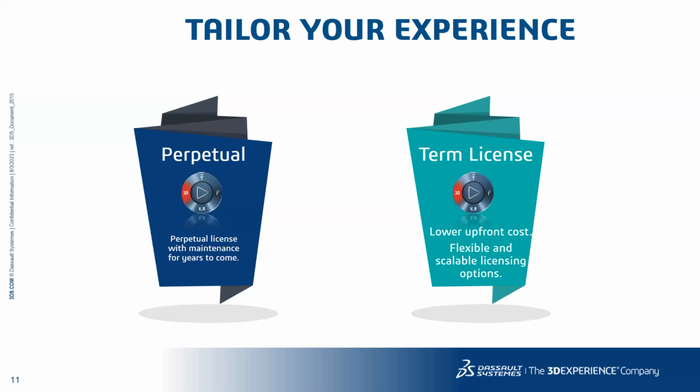And this kind of purchase is typically funded from a CapEx budget. Our second option is a term or rental license, whereby there's a lower upfront investment cost, but it does require annual upkeeping to ensure that your software remains available for use. This kind of purchase would typically be funded from an operational expenditure or an OpEx budget.